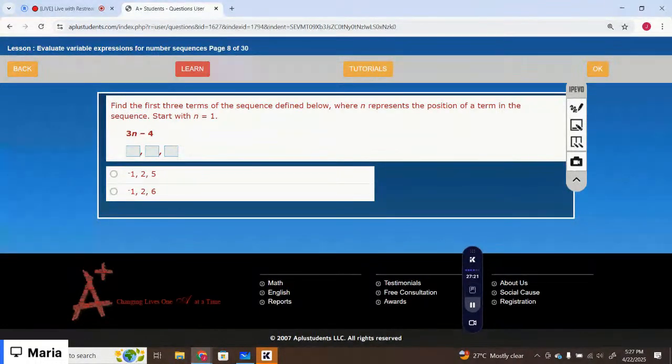Find the first three terms of the sequence defined below, where n represents the position of a term in the sequence. Start with n equals 1.